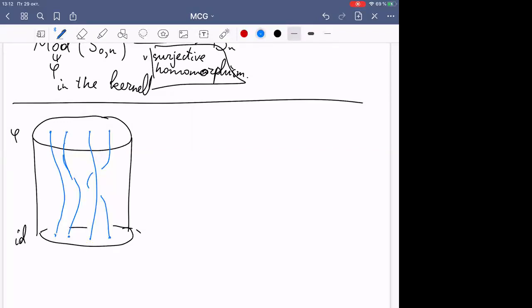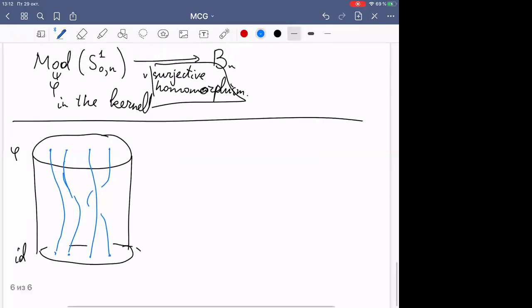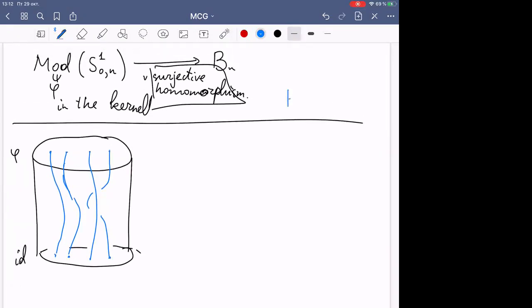If this braid was straight, then phi is isotopic to the identity in the group of homeomorphisms of this punctured surface, and then phi is trivial in the mapping class group. Of course, I mean that phi is a homeomorphism that represents a class in the mapping class group. But if this braid was just straight, then this phi would be trivial in the mapping class group.